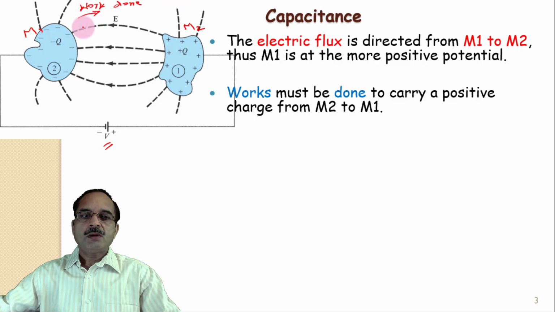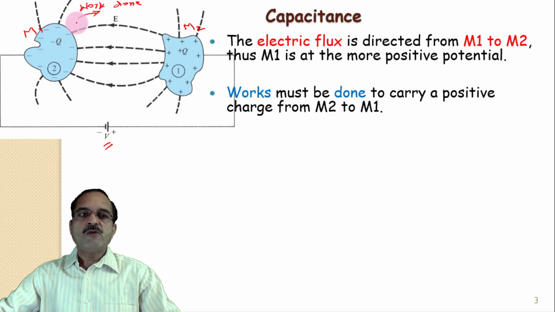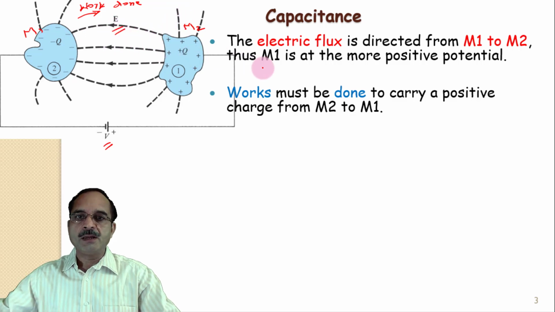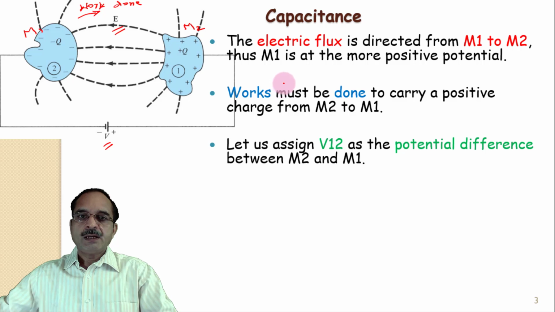To know the potential between these two conductors, there must be some work done in moving a charge from the negatively charged conductor to the positively charged conductor under the influence of electric field E. Let us call it the potential difference V12.